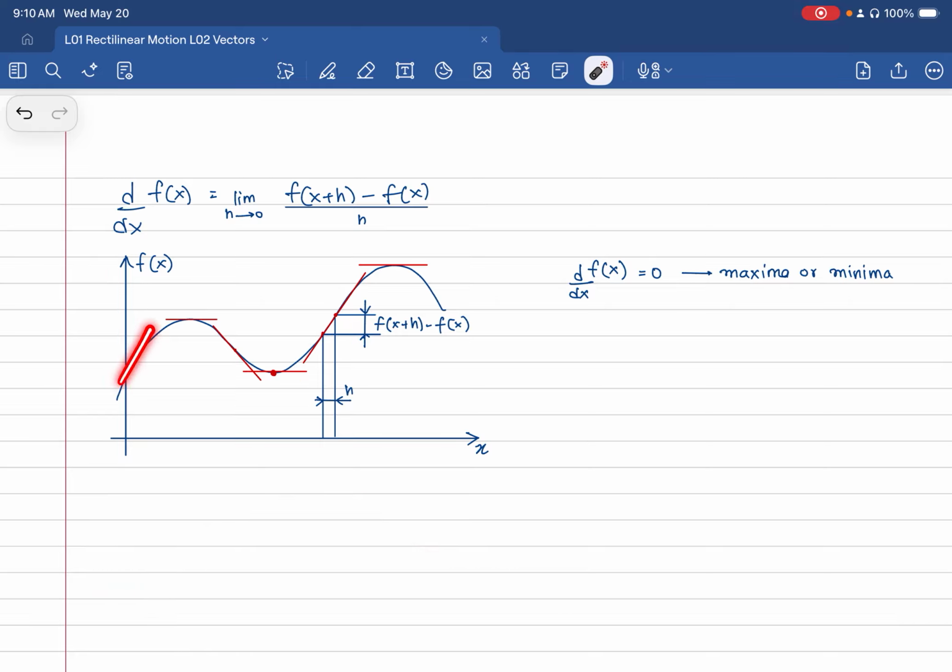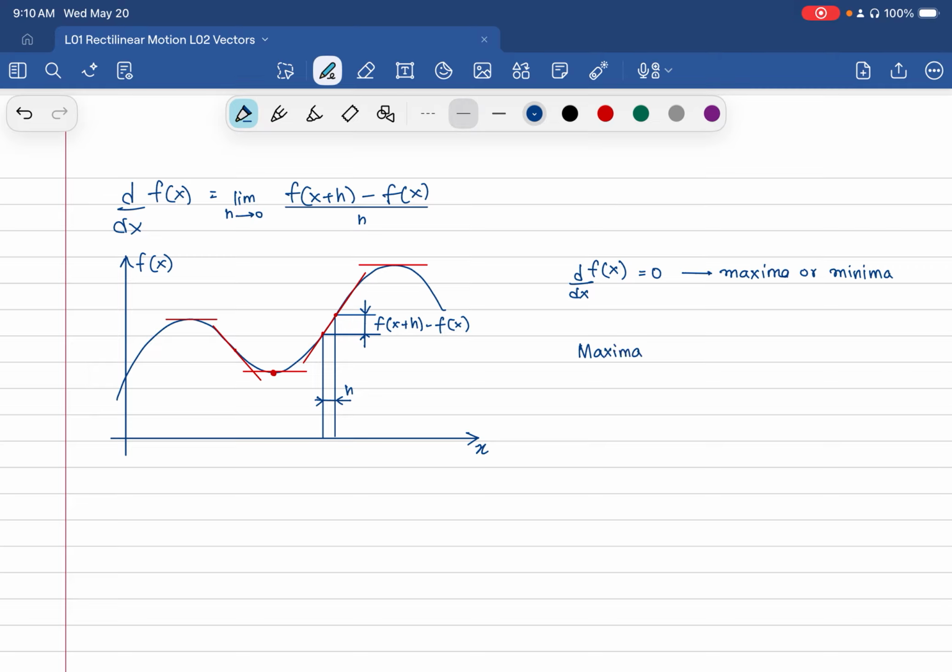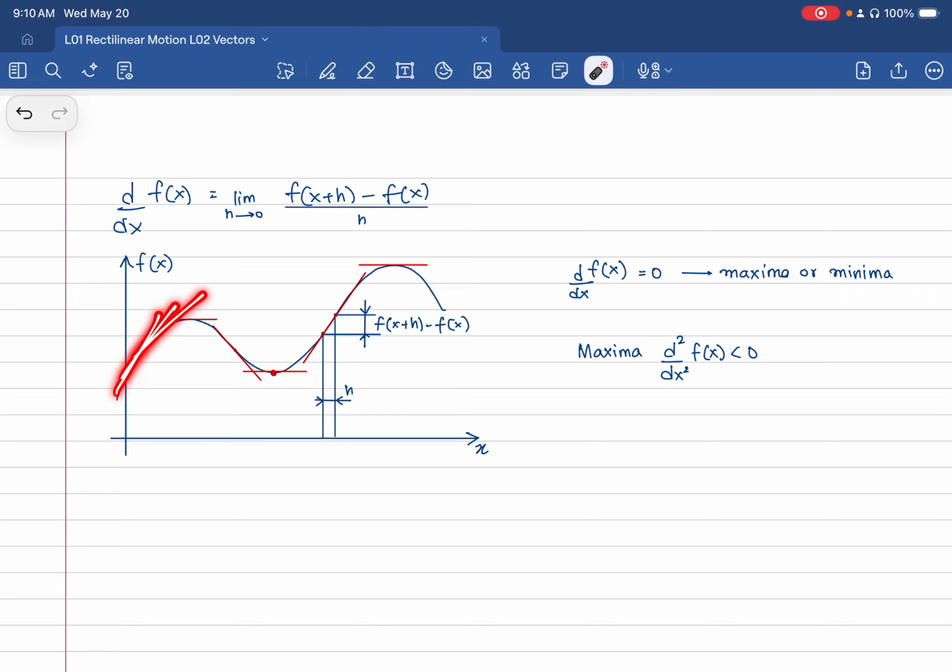So here the slope is positive, and then the slope decreases until it's 0, and then it becomes negative. So that means that the slope was positive and then becoming negative, which means that at the maxima, the rate of change of the slope, which is essentially the second derivative, is less than 0. Why is that? Because the slope is decreasing. You see that?